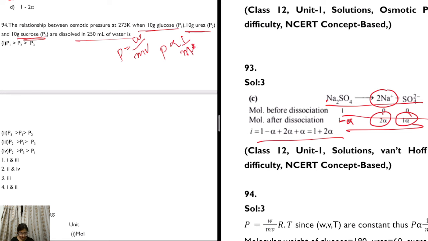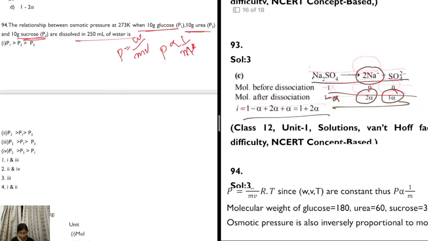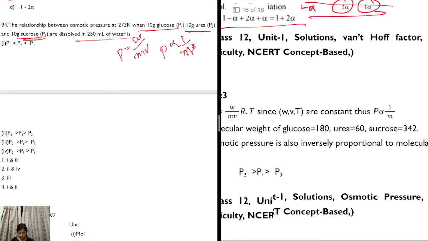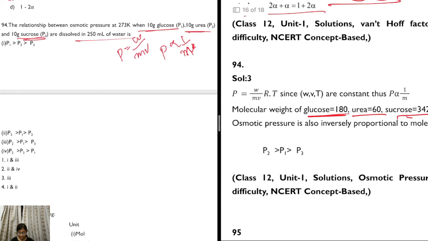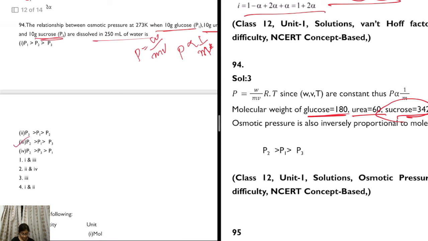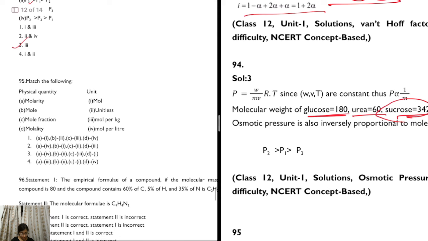We'll be taking mass. So, what is the molecular weight? See, for sucrose it is 342, urea 60, and glucose 180. So sucrose has maximum molar mass, so it will have the lowest osmotic pressure. So, our final answer would be this. Now, let's see the next question.